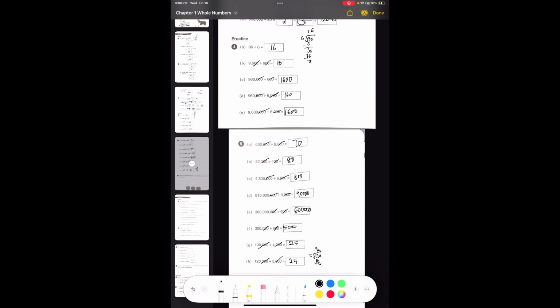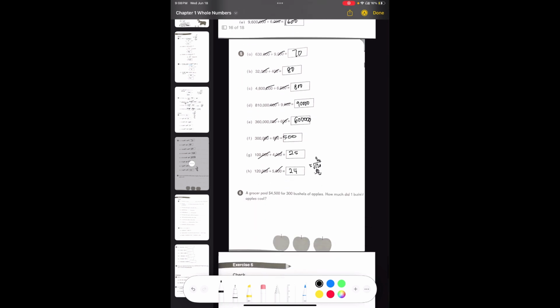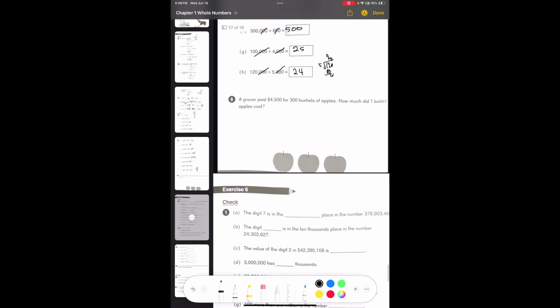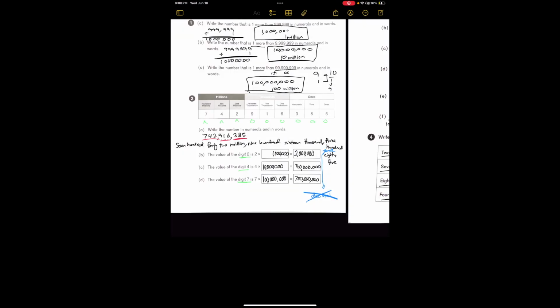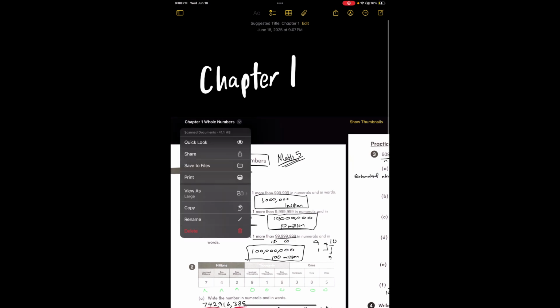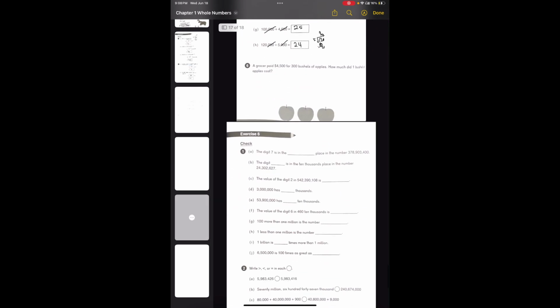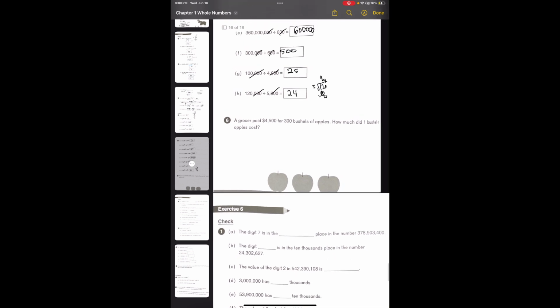So this is the answer for number 4 and 5. Moving on, we have, not surprisingly, another word problem. A grocer paid $4,500.